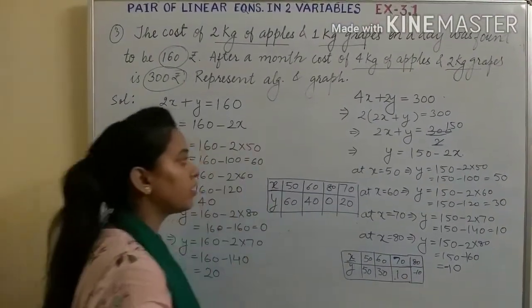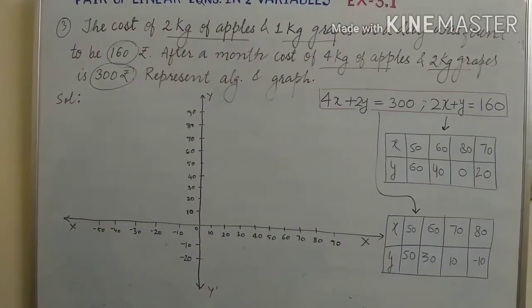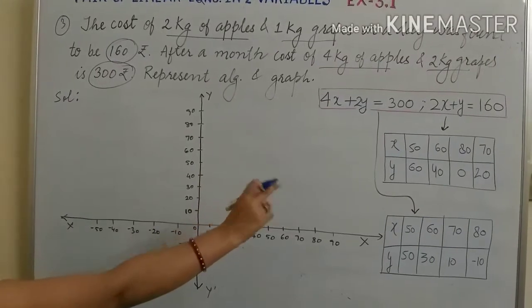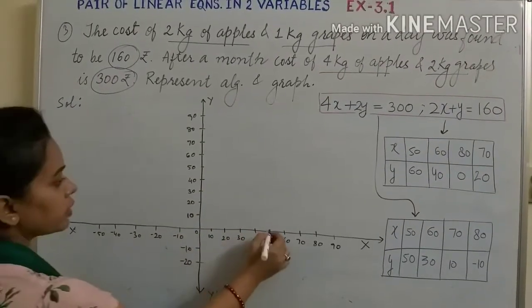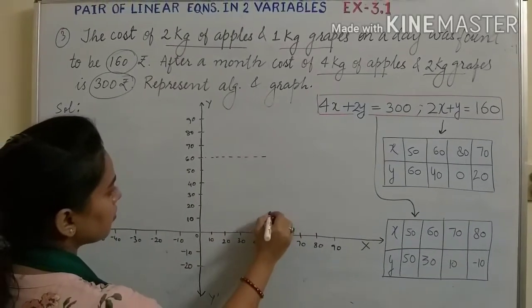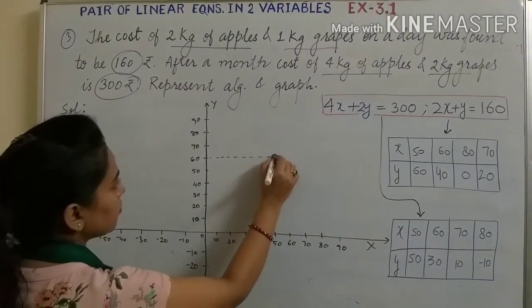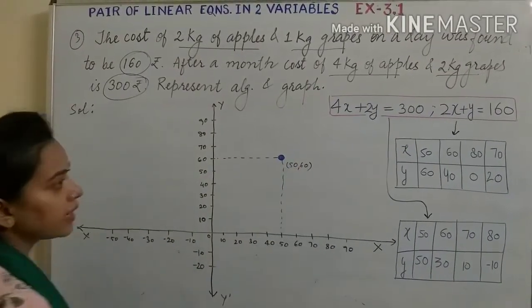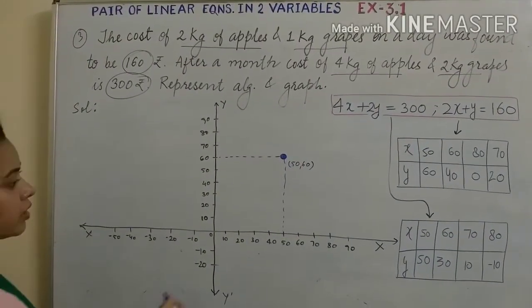Now let us plot the graph for this. Let us now plot the coordinates in the graph. First is for x equal to 50, y 60. Second is x 60, y 40.